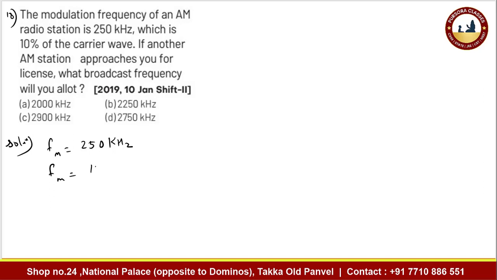So FM is 10% of FC. FC will be 100 by 10 of FM, that is 10 times FM. So that is 2500 kilohertz. That is FC.